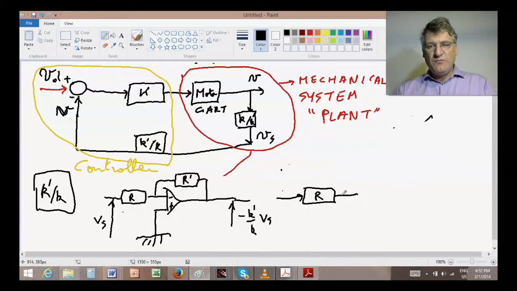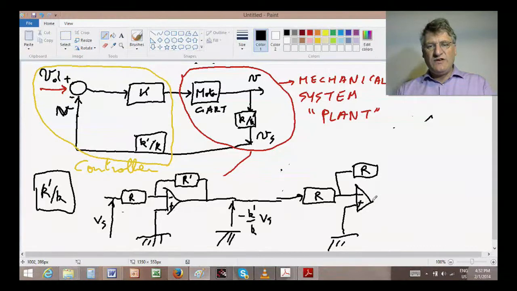I'm not saying that this is the most economical design, but it is certainly doable. With the same minus and plus here, the same link to the ground here, two identical resistors here. And then what we get at the output is K prime over K times Vs.